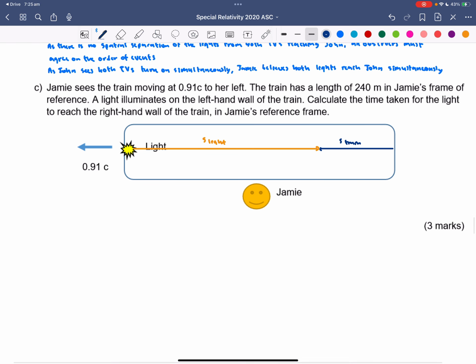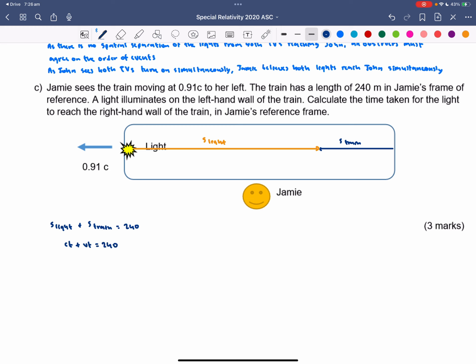Pretty much what we're saying is that the distance traveled by the light plus the distance traveled by the train adds up to 240 meters. The distance traveled by the light is ct. The distance traveled by the train is vt, equals 240.